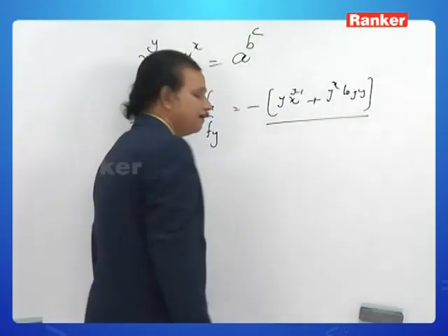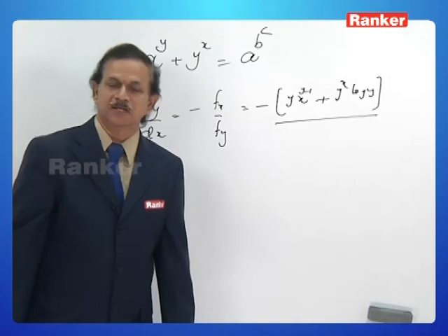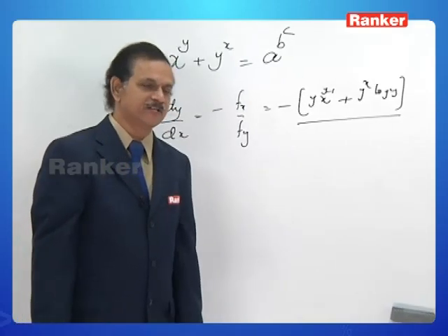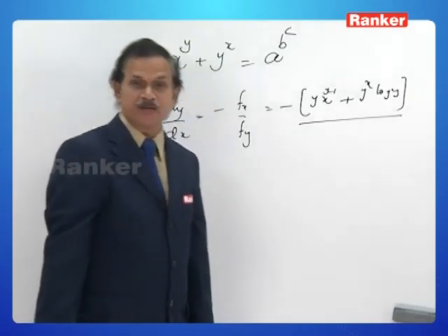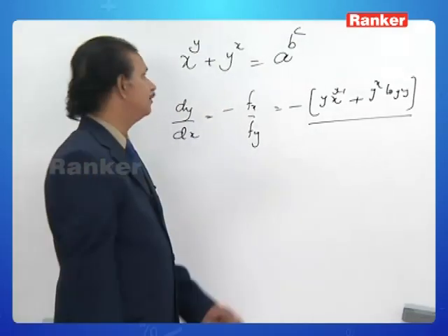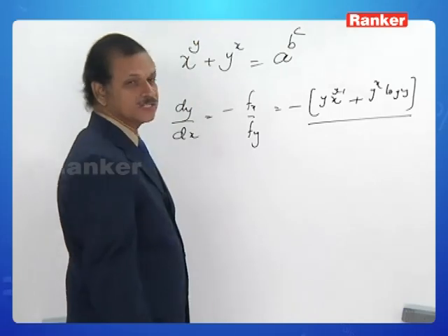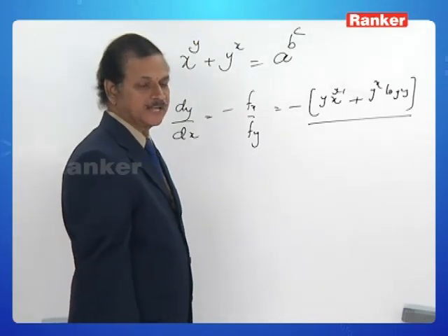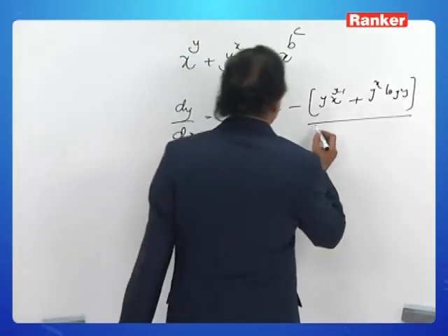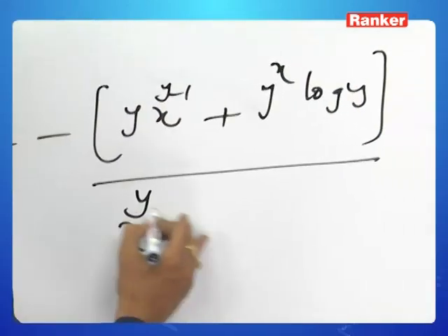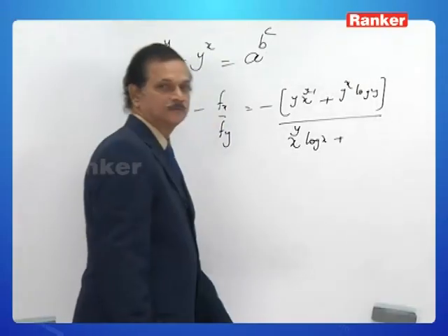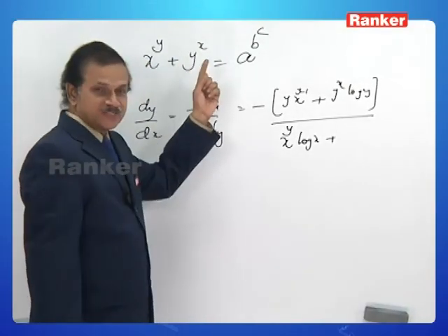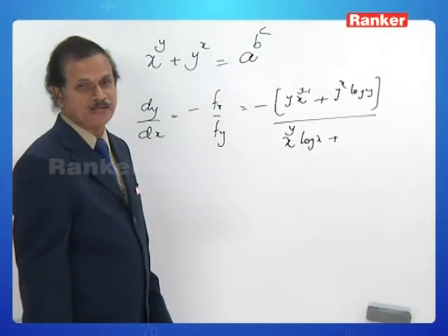divided by fy. It means the partial derivative of f with respect to y. Now, y is the variable and x is the constant. Come on. Constant power y, that is k power y, imagine. K power y. What is the derivative? K power y into log k plus, x is the constant, y power k. What is the derivative?